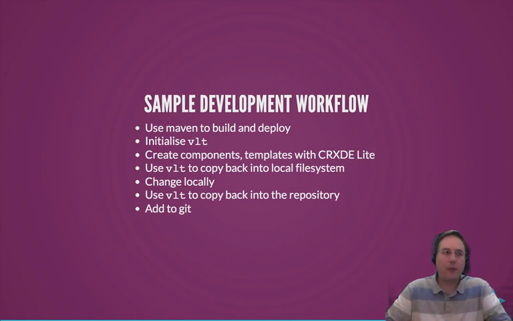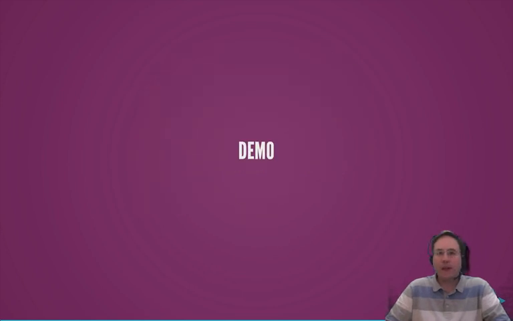You can then create components and templates and so on with something like CRXDE Lite in the repository. You would then use VLT to copy those files back onto your local file system. You can optionally change those files on your local file system if you like, and then you can use VLT to copy those changes into the repository, and you can also add those files into Git. So let's take a look at that now.